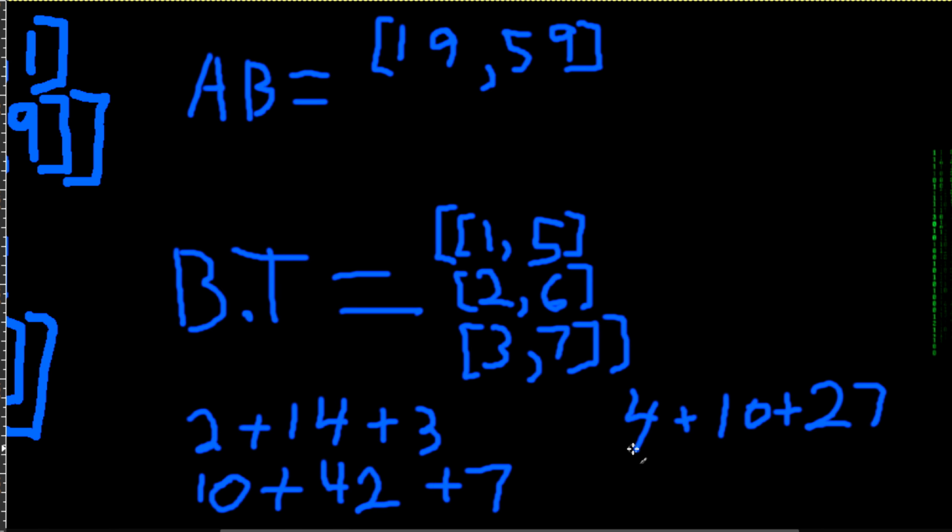And add those together. You have 4 plus 10 is 14 plus 27. Let's see, 10 plus 27 is 37 plus 4 is 41. So we have 41 goes here.